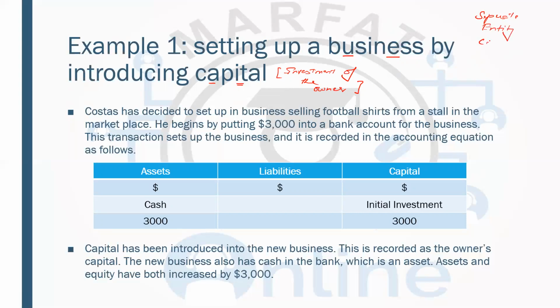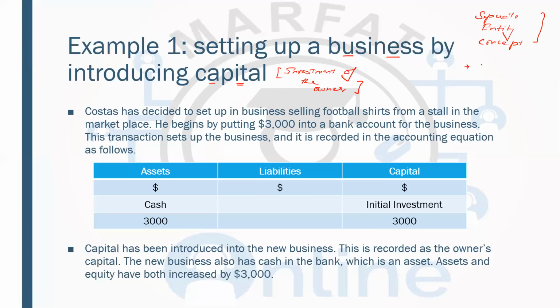The separate entity concept implies that the business and the owner of the business are two separate entities. So whatever the owner of the business is investing in the business should be recorded first of all. Every transaction should be recorded because the business and the owner of the business are considered two separate entities.